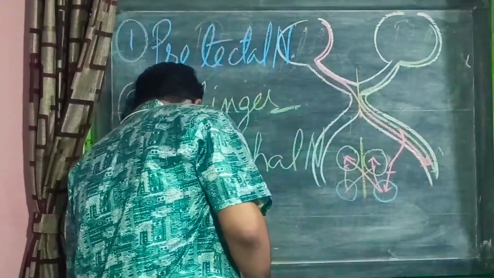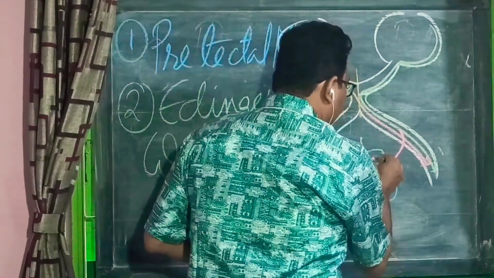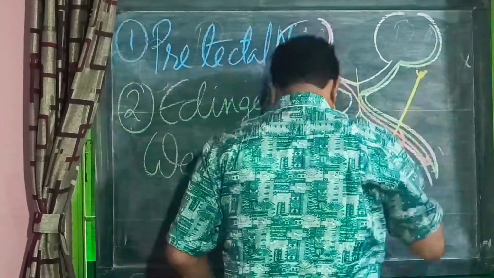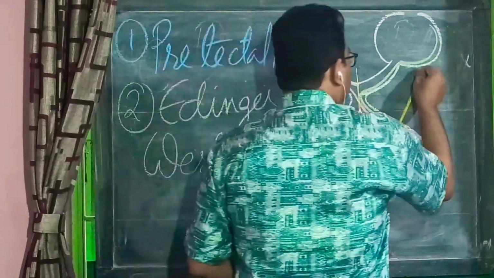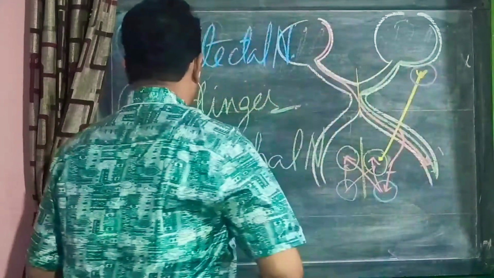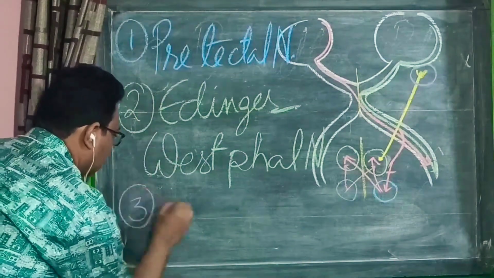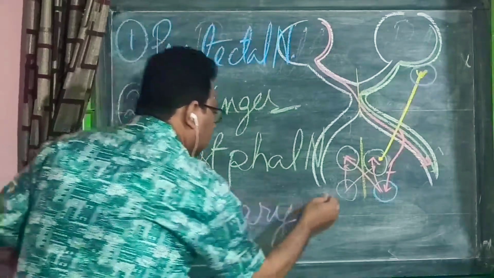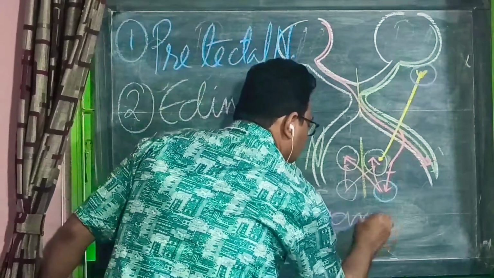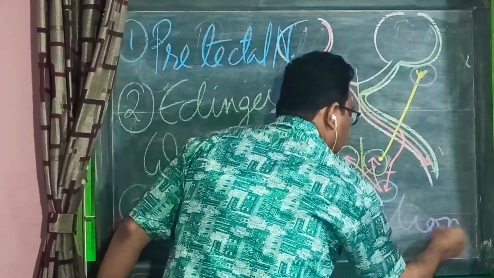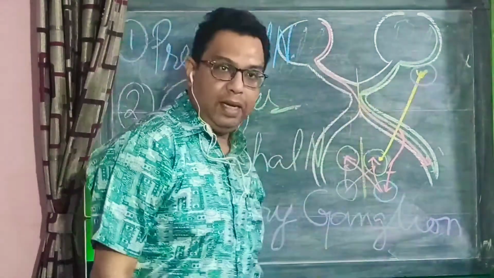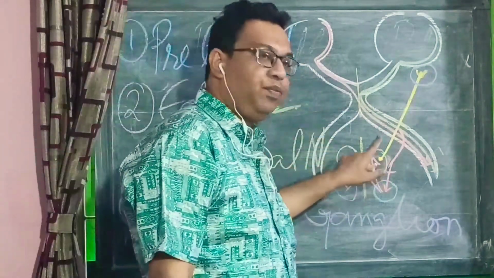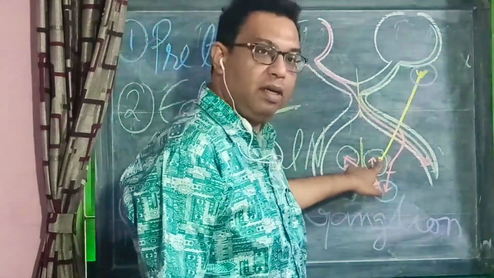Preganglionic fibers will arise from the Edinger-Westphal nuclei. They will go to the ciliary ganglion. Obviously, the same will happen on the other side. So these are parasympathetic preganglionic fibers.